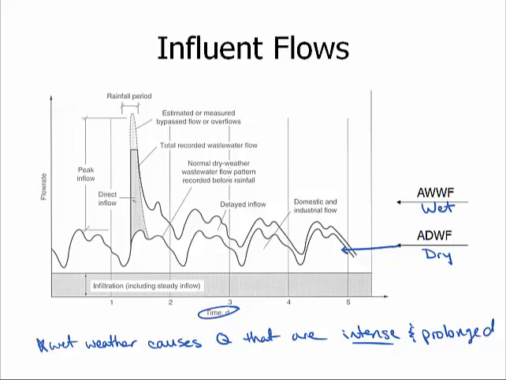What I mean by intense is you have an initial high peak that occurs in the plant. But the base flow rate, even after 4 or 5 days, can be slightly elevated. So this is an intense, very short-lived peak, but the base flow is elevated in a prolonged fashion.